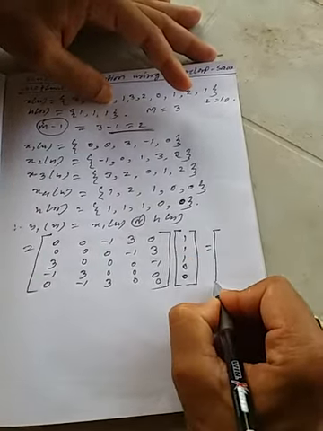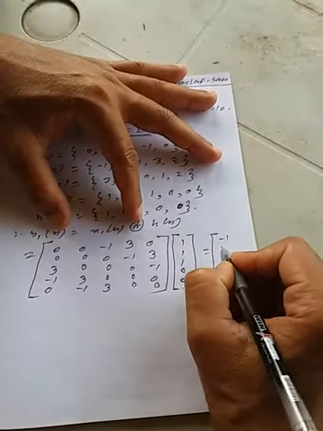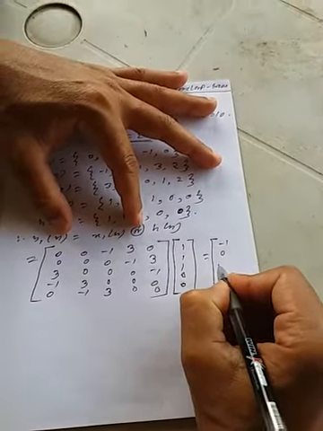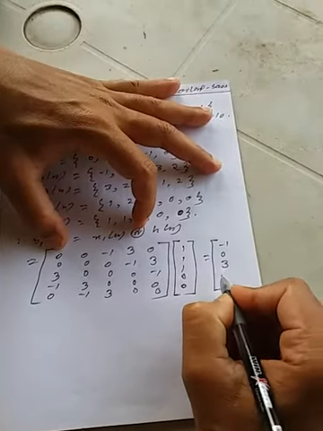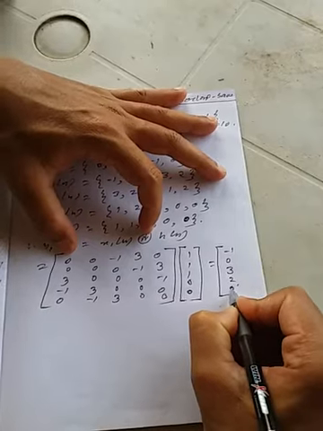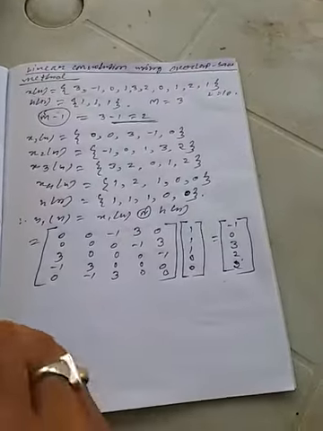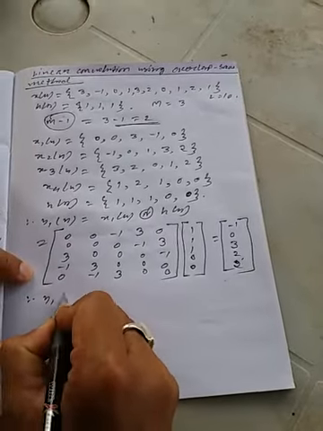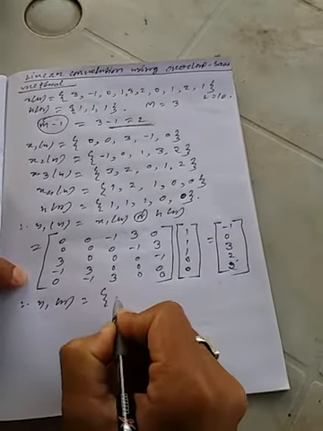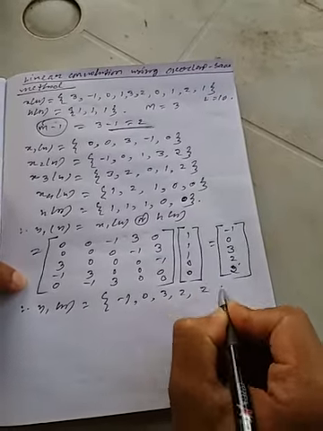Just multiply the two matrices, then it will become -1 0 3 2 2. So y1[n] is -1 0 3 2 2.